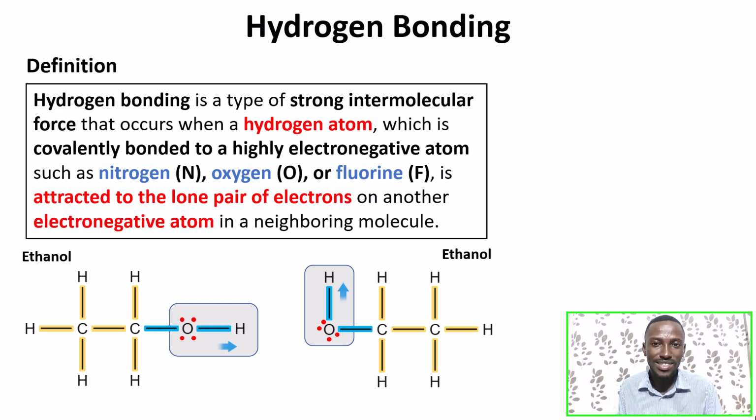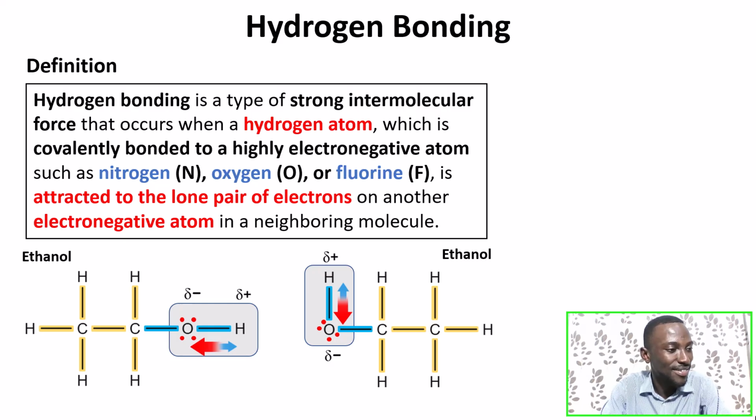But since oxygen is much stronger and more electronegative than hydrogen, it will pull the shared electrons more towards itself, thereby distorting the electron cloud around hydrogen. As a result, oxygen becomes partially negative and hydrogen becomes partially positive.